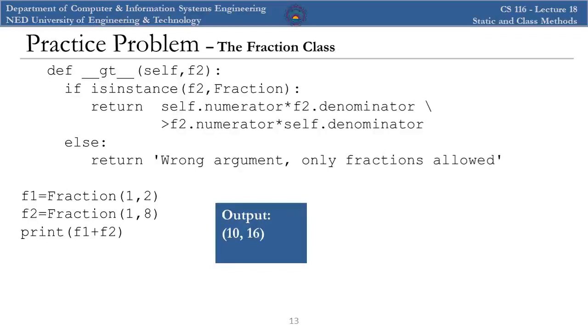The only problem with this tuple is that this is a correct answer, but it is not a simplified one. So we'll come to that shortly. For now this is correct. 1 upon 2 plus 1 upon 8 without simplification gives 10 upon 16. And if I compare them, this gives true because 1 upon 2 is greater than 1 upon 8.